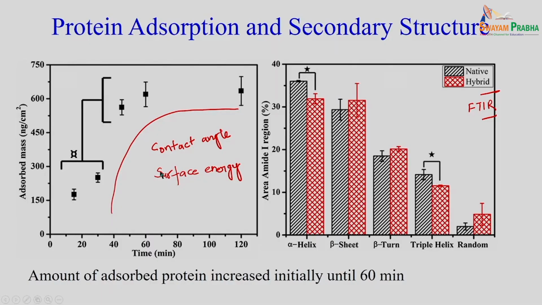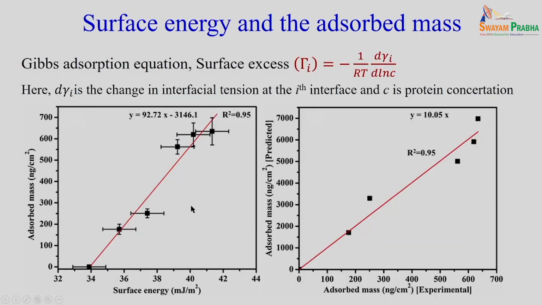What the protein molecules are doing is basically altering the surface energy or the interfacial energy. If you measure the contact angle of two different liquids, we can calculate the surface energy. So, we have calculated the surface energy and adsorbed mass, and it is very much following, as expected, a linear trend.